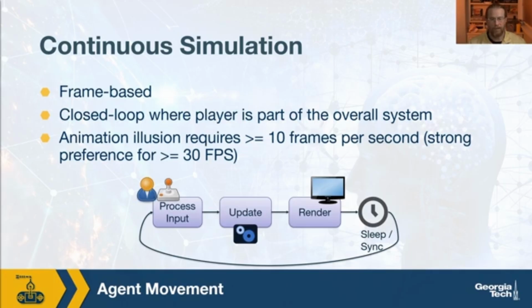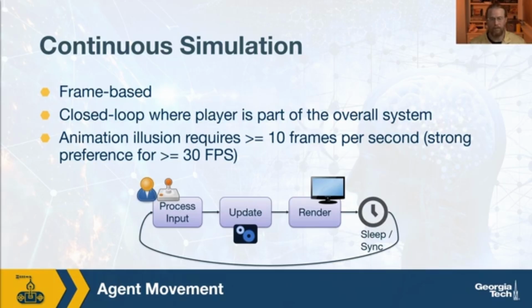This loop includes the player, and so the player is observing the screen, maybe hearing things from the speakers, and makes inputs, so presses buttons on joysticks. This is sent to the computer, and an update process runs. So we're actually updating the simulation, and then whatever the result is, like if you choose to move the character, that will happen.